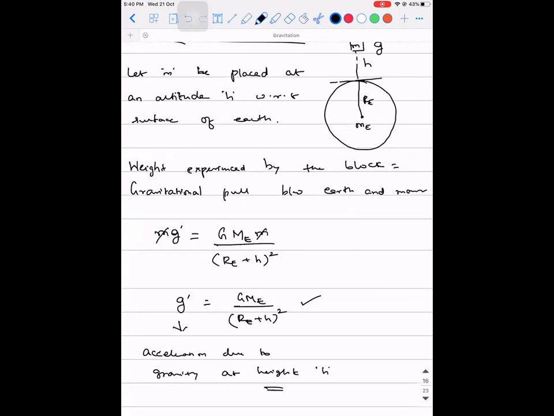So as we go higher and higher, gravity will decrease. Because you're going away from the planet, right? Its pull capacity will decrease. That's what we learned yesterday. Force is inversely proportional to r square. So when the distance between them is getting increased, force will decrease. When force is decreasing, acceleration will decrease.